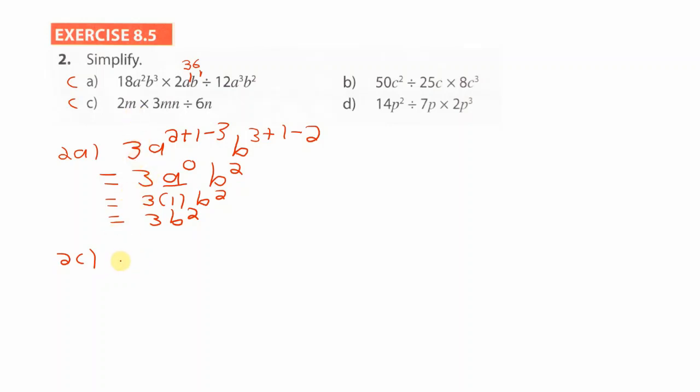Now we look at the variables or the letters of the alphabet. We have M, there's an invisible 1 on it. We are multiplying, so we are going to increase the number of M's. So we have another one that we are increasing by, an invisible 1, so we have to add 1.